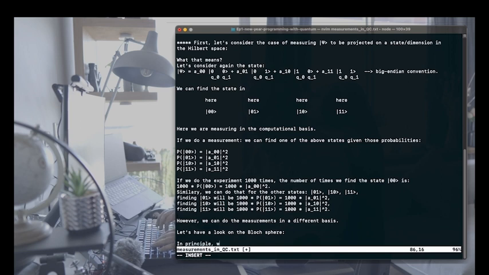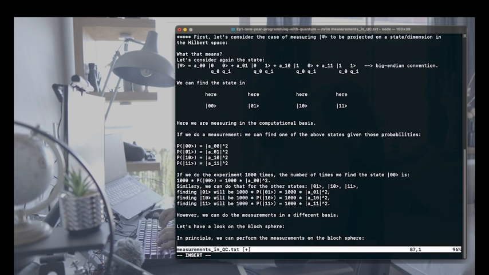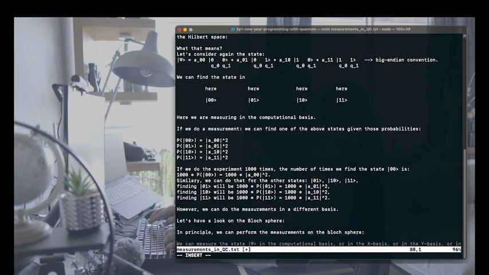So in principle, we can perform the measurements on the Bloch sphere in any direction, for example X, Y, and Z, and also in any arbitrary direction.